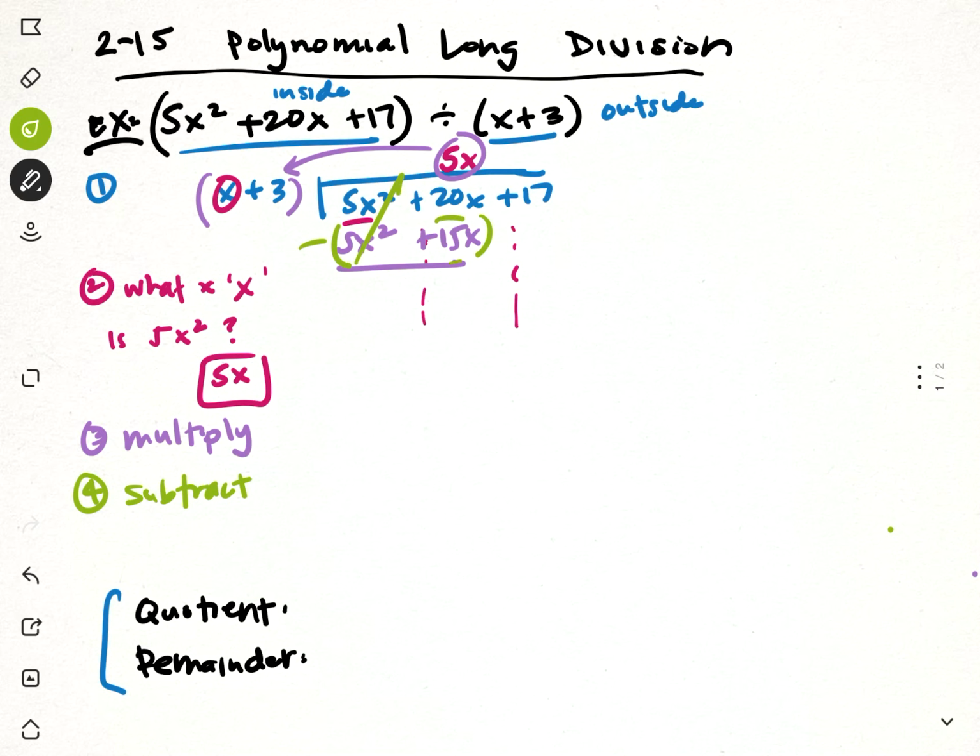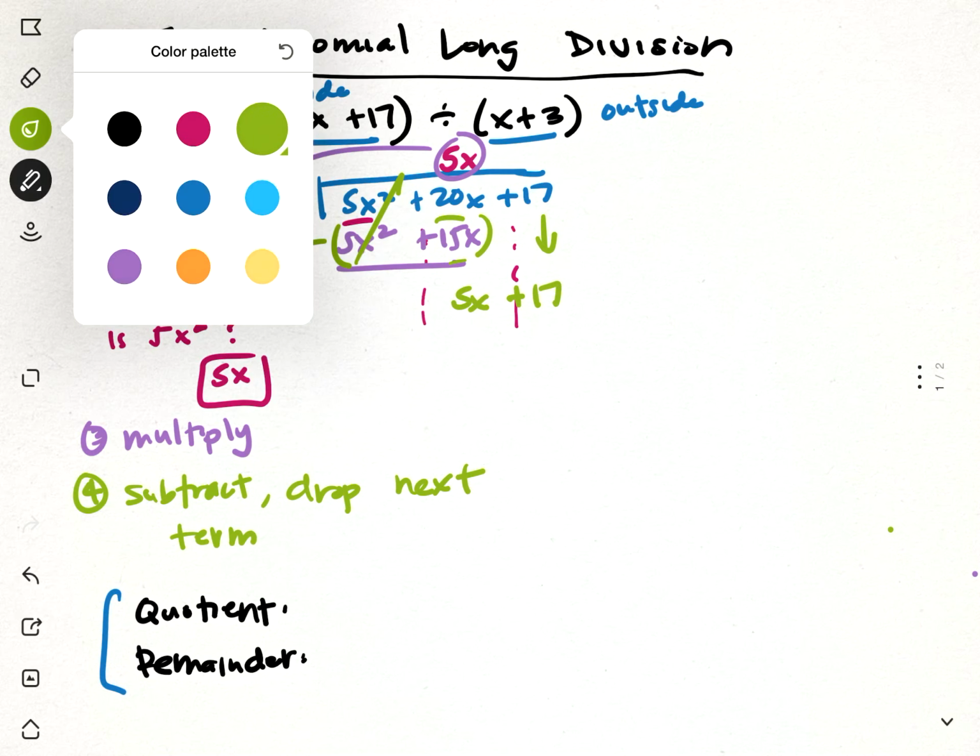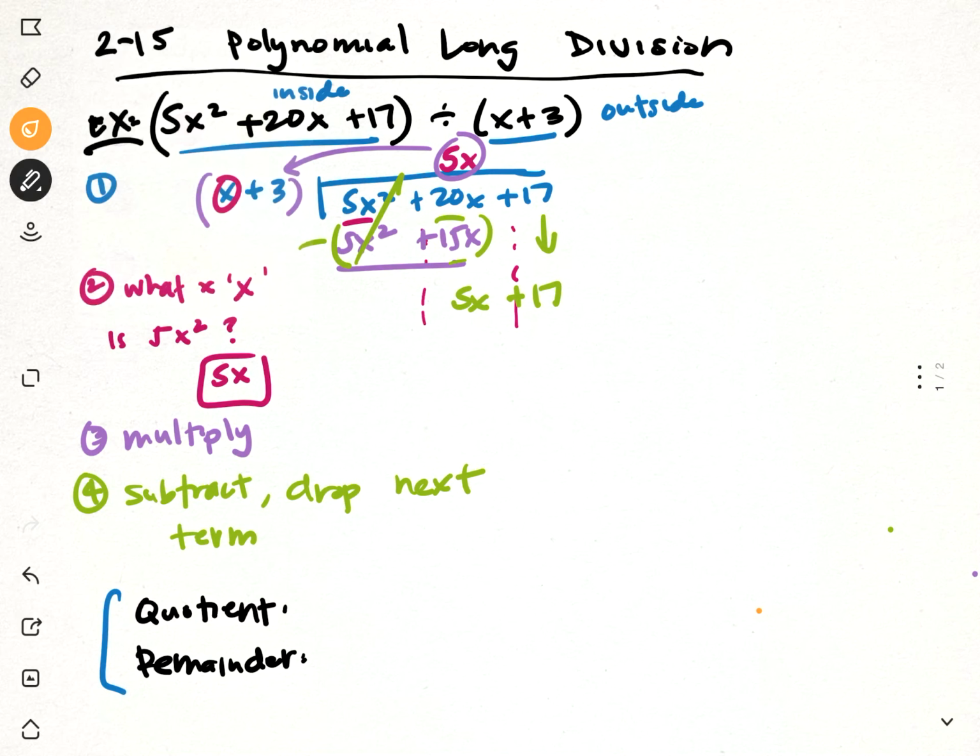And then we have 20x minus 15x, which is positive 5x. Then we're going to drop down the next term, and then we're going to repeat. So 17 comes down, positive 17, and then we're going to repeat the process.